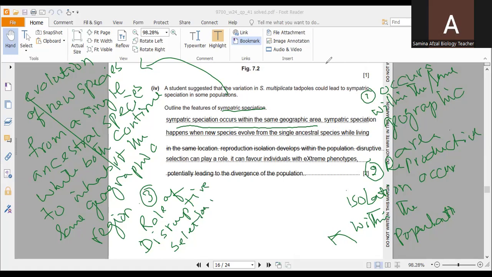It can favor individuals with extreme phenotypes, potentially leading to the divergence of the population. Another feature can also be that genetic differences can accumulate. Accumulation.